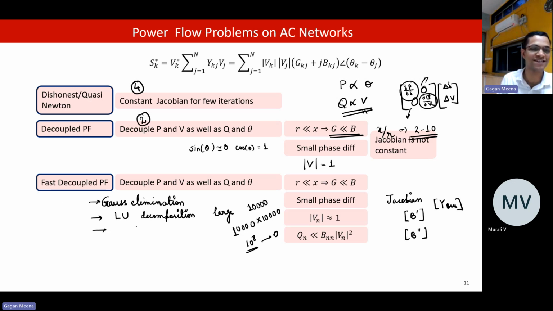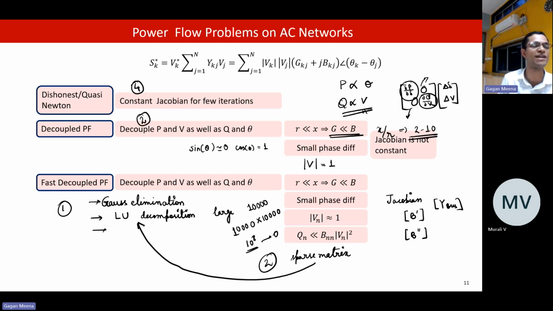Another thing which comes up is, why do we store zeros when most of them are zero? No need to store them. Then we go to sparse matrices. We use sparse matrix computation, a sparse representation of these matrices. First we convert the matrix into a sparse matrix, and then we do LU decomposition.